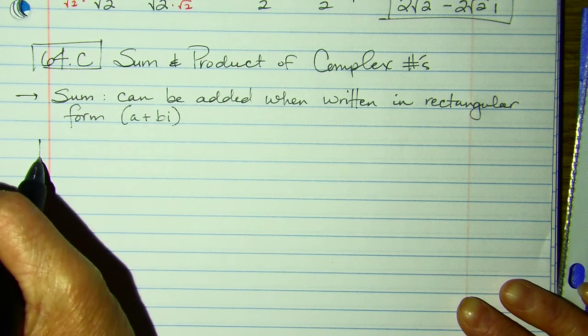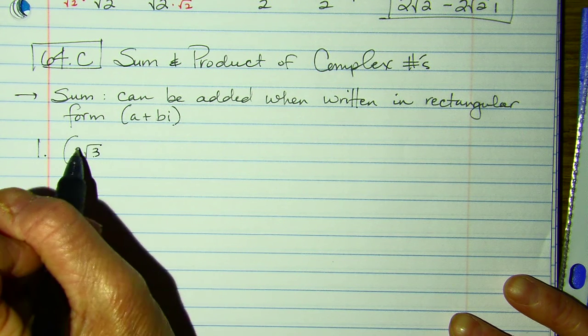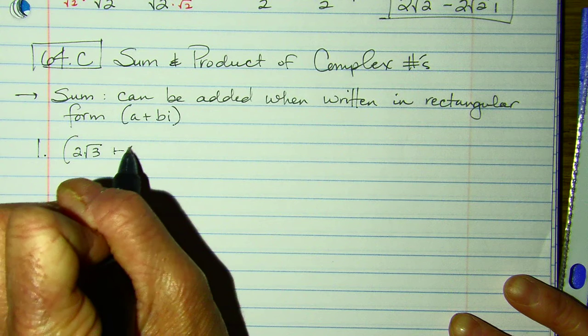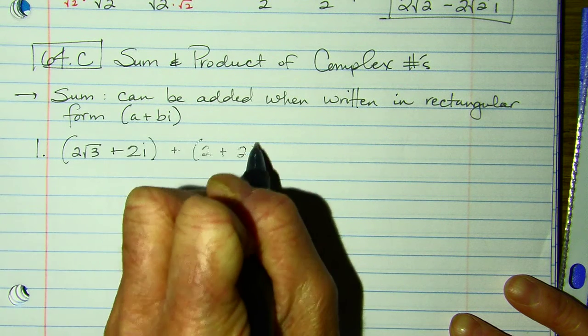So number 1, I'm going to start over. I have 2 root 3 plus 2i plus 2 plus 2i.